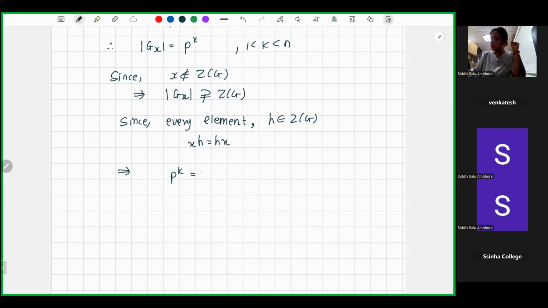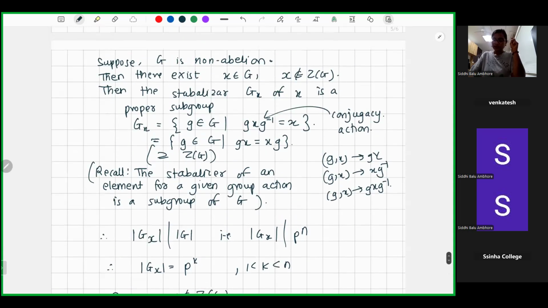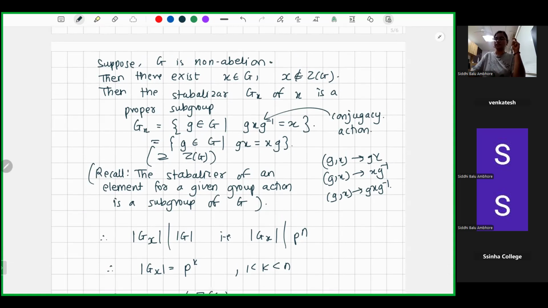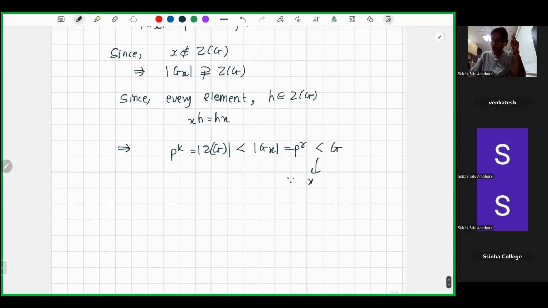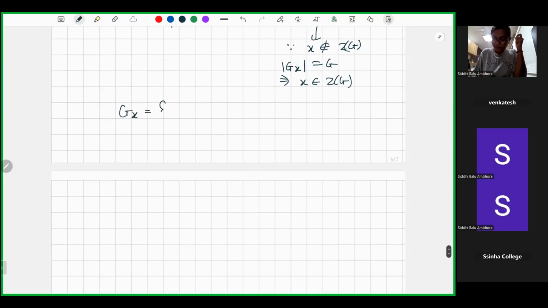So this p power k, the order of Z(G) from what we already have, is strictly less than this G_x, which will be some p power r, and this will be strictly less than G. Because if G_x were the whole of G, what is G_x? It is all g in G such that xg is equal to gx.